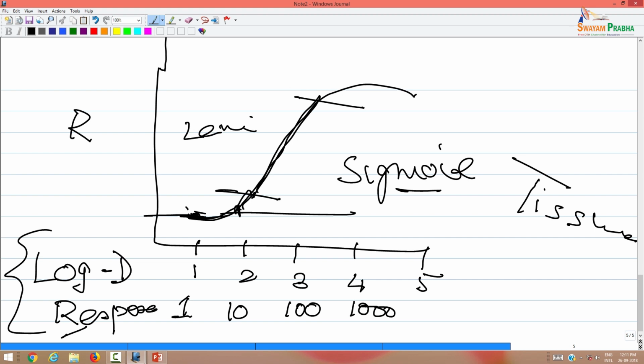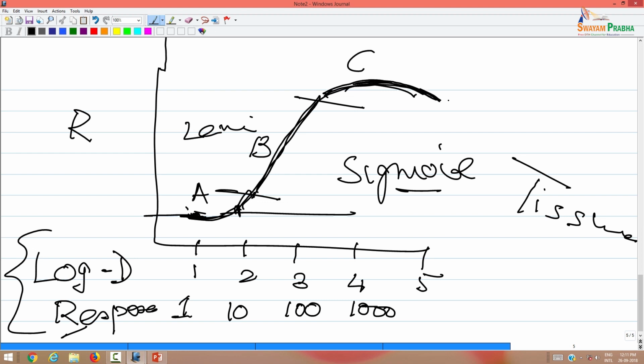Now, the third part, this is A, this is B, and the third part is again not linear. This indicates that at this stage the receptors are getting saturated, and at this place it is getting desensitized.